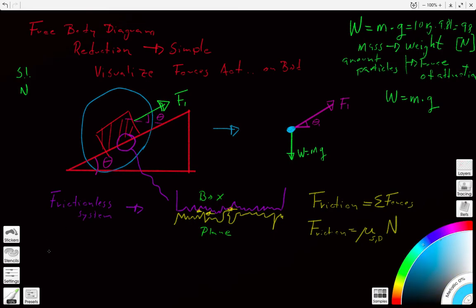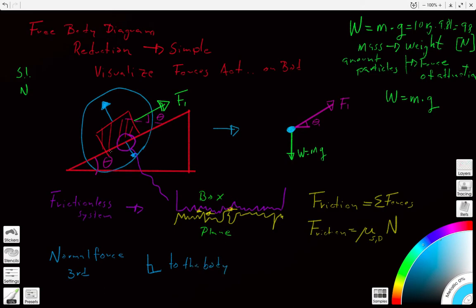The normal force has to do with Newton's third law of motion, that every action comes with an equal and opposite reaction. Since this box is pushing down on this surface, it makes sense that the surface is also pushing the box in this direction. That normal force is always perpendicular to the body.